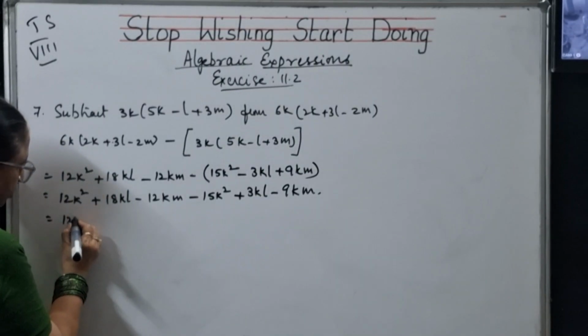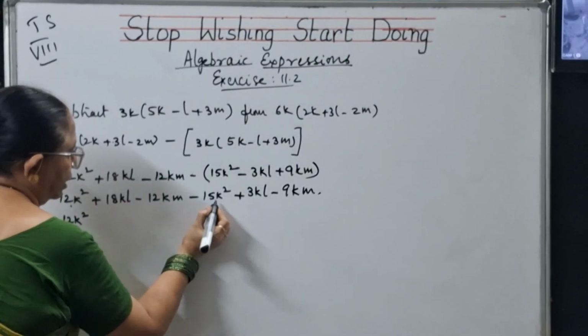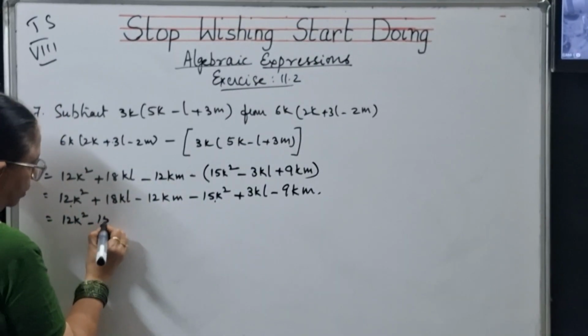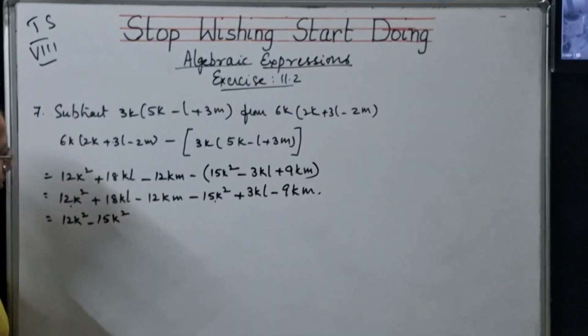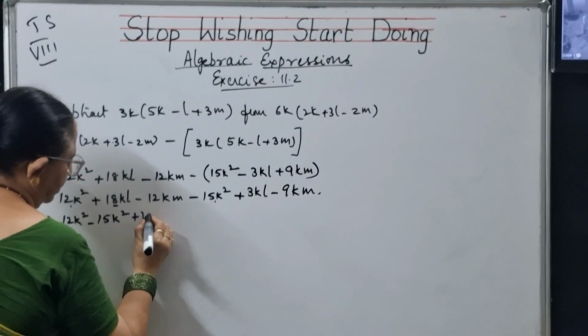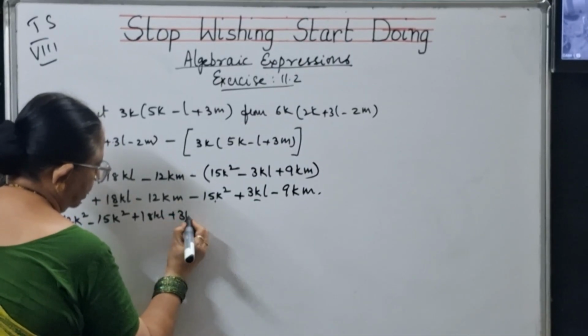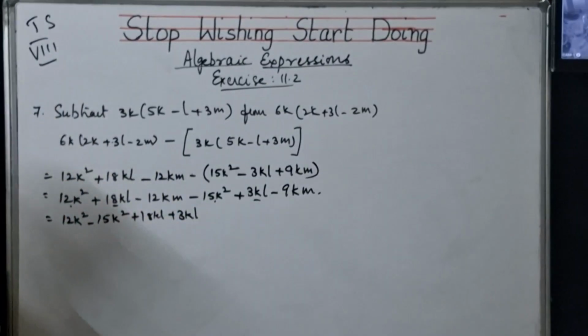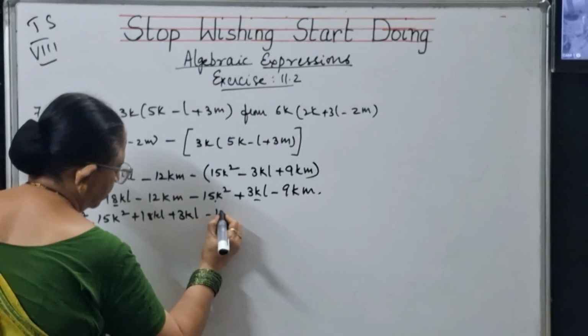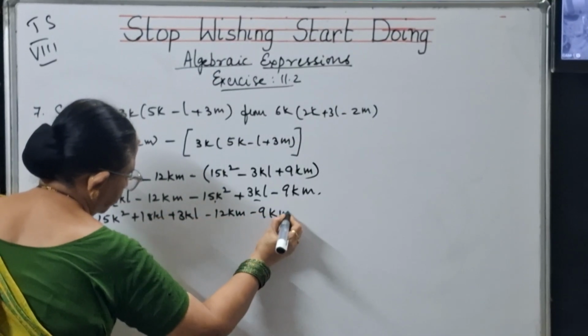Let us write them together: 12k square and minus 15k square, and 18kl plus 3kl, now minus 12km minus 9km.